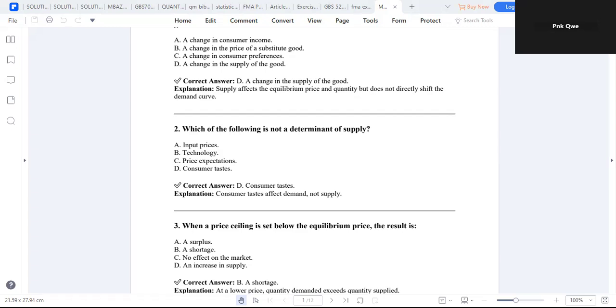It is a direct relationship. So the principle of supply is that it has a direct relationship.